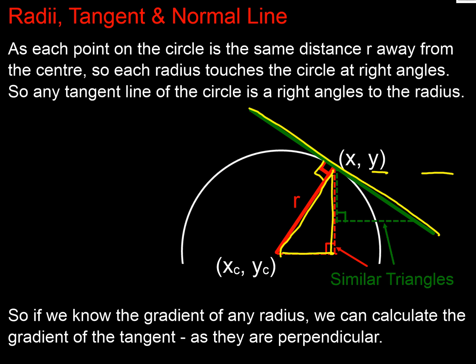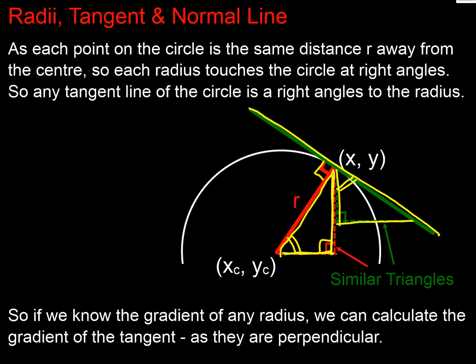So let me get rid of that, just so we can see what we're doing. And if it's at right angles, then in effect it's a bit like we saw on perpendicular straight lines. Here we've got two similar triangles, haven't we? There's one and there's the other one on the triangle, so this angle here must be the same as that angle there.